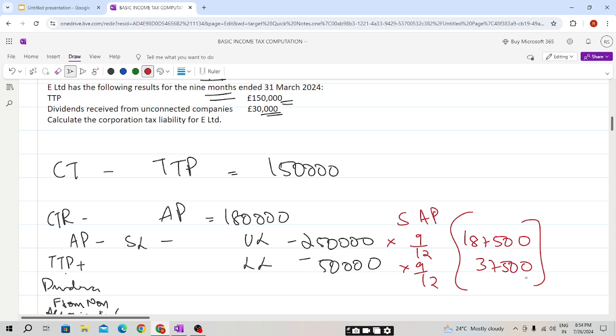But if the augmented profit is between the upper limit and lower limit, it will be taxed at the main rate of 25%, and marginal relief will be provided. Here in our case, our augmented profit is 180,000 pounds. So this will be taxed at the main rate plus marginal relief will be provided.